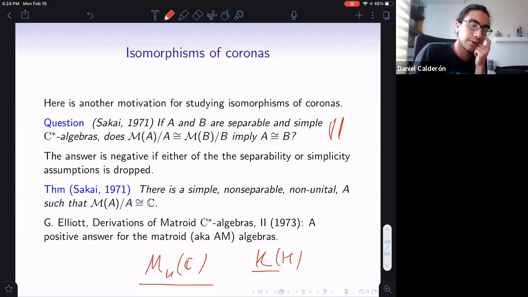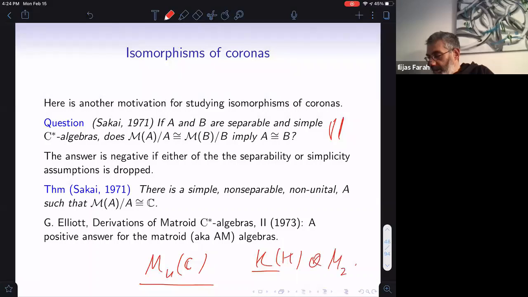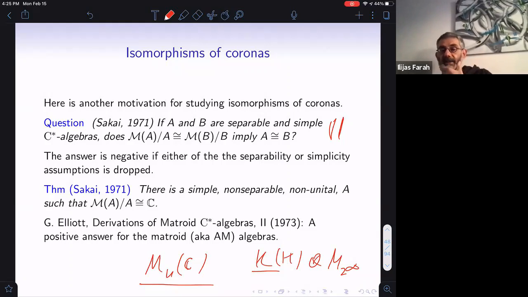Or if you tensor the compacts by the CAR algebra, it is also AM but not UHF. I see. But this is not all. You can have an AM algebra which has a finite trace.